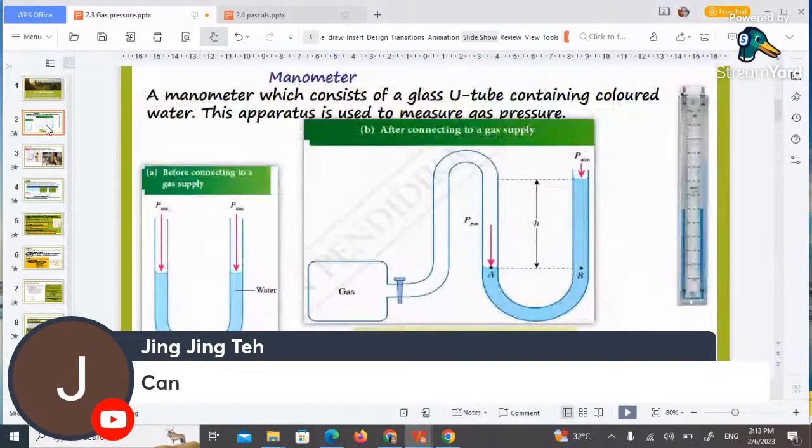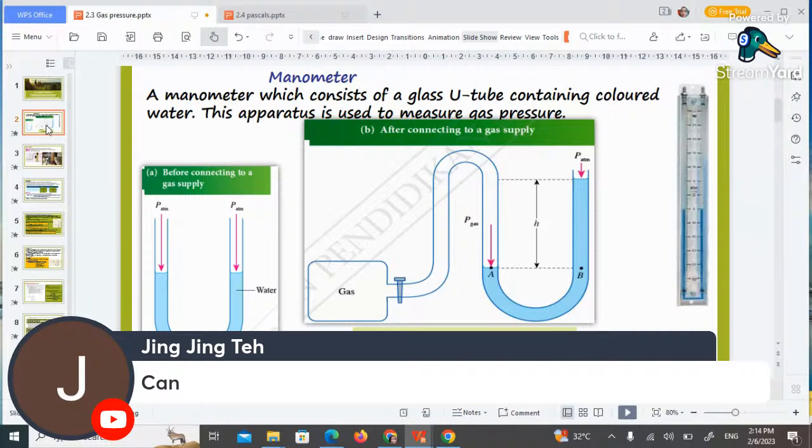Okay, the concept of gas pressure. Concept of gas you have studied in Form 4. How the gas pressure is produced. For example, in one container, the gas pressure is due to collision between the molecules of gas and the wall of the container. Why can collision produce pressure?